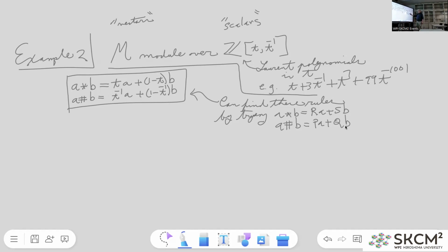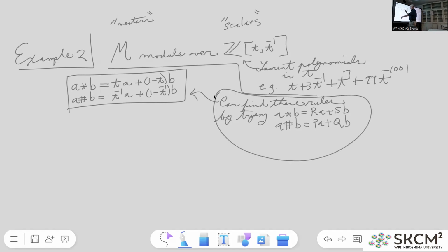And then you try out the rules of the quandle and see what it forces you to do, okay? And then you would find that this is the most interesting solution to what's forced by that. So that's an exercise if you wanted to try it out.